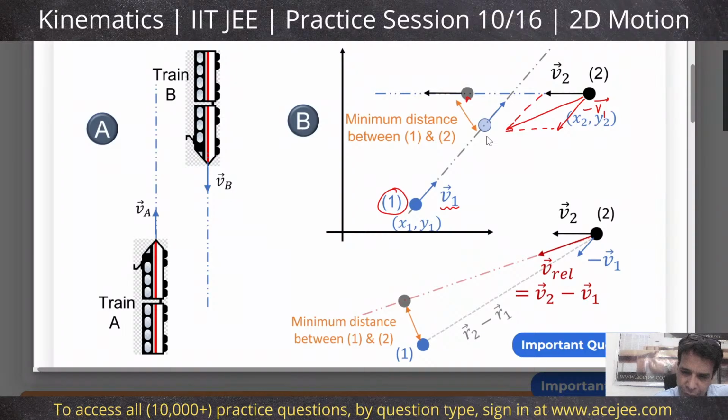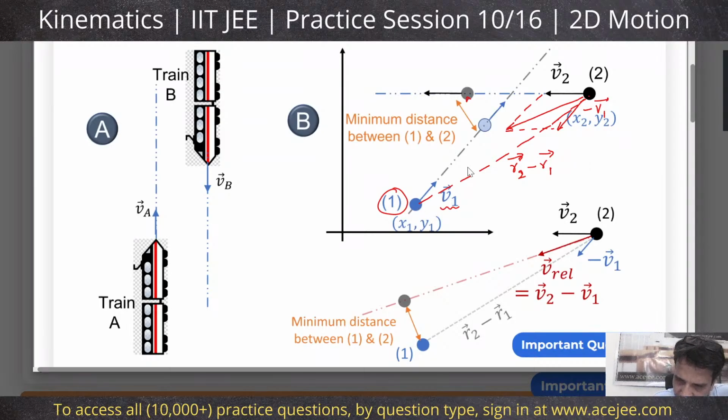Okay. So initially at time t equals 0, when we started to observe the motions along a certain distance, if the coordinates are x1, y1 and x2, y2, I can call this r2 minus r1 vector. What is the direction?